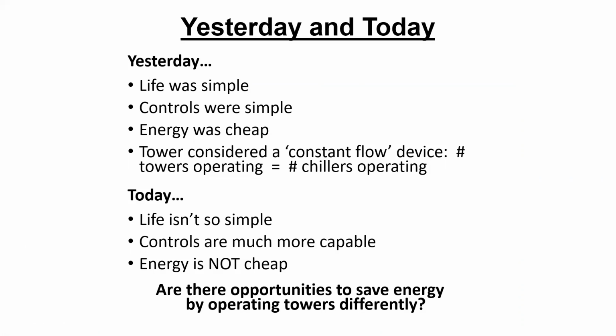Typically, the rule of thumb was that depending on the number of chillers, you should have the same number of cooling towers to serve those chillers. But in today's life, controls are much more complicated. Energy is not as cheap. So we're trying to see if there are any other ways to save energy by optimizing the operation of the cooling towers.